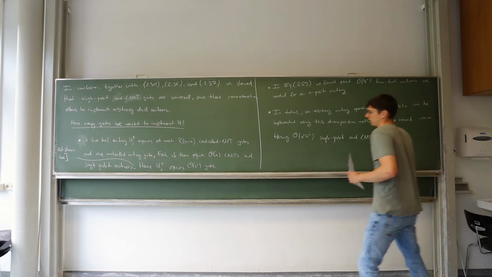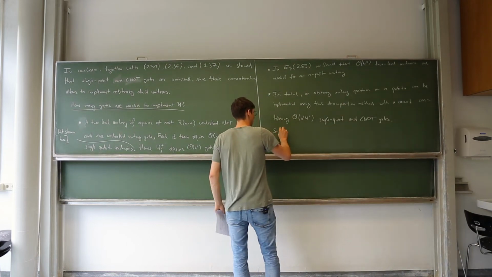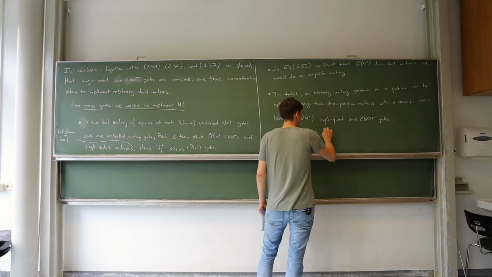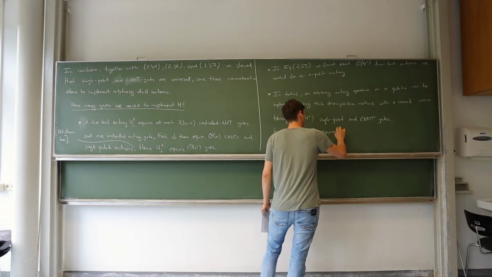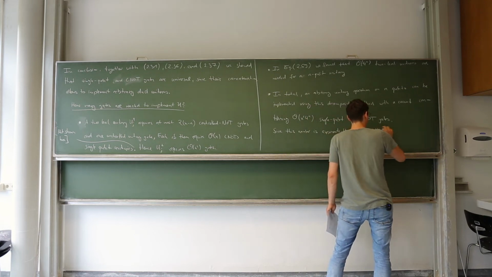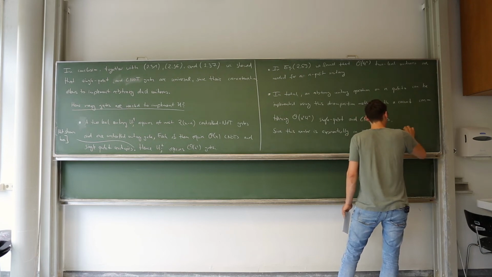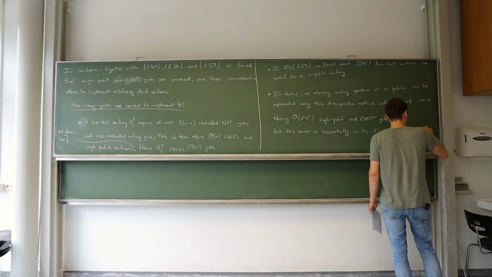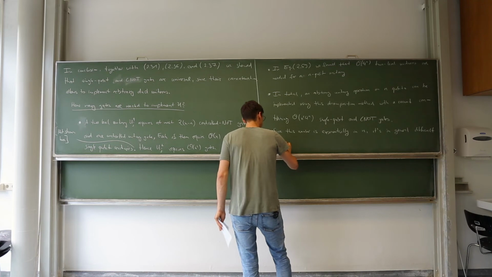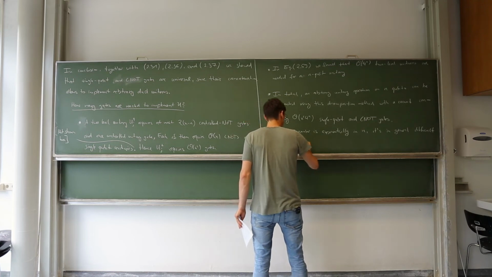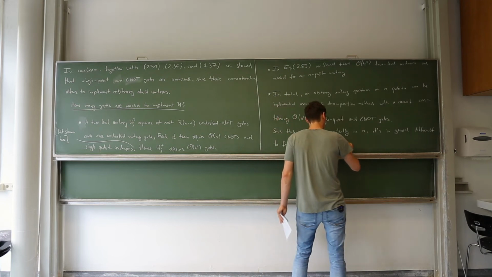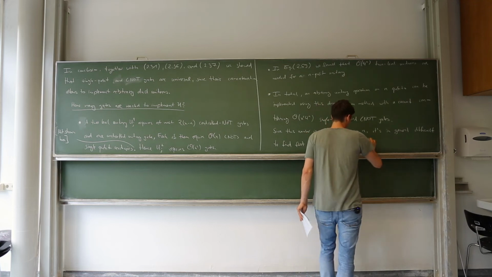So since this number is exponential in n, it's in general difficult to find fast quantum algorithms with this method.